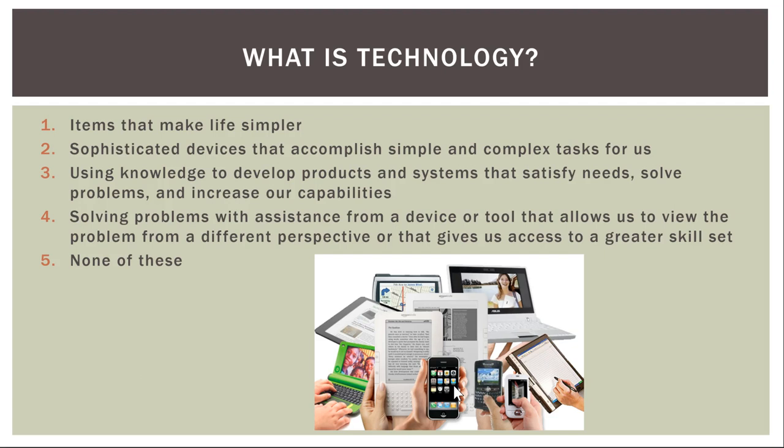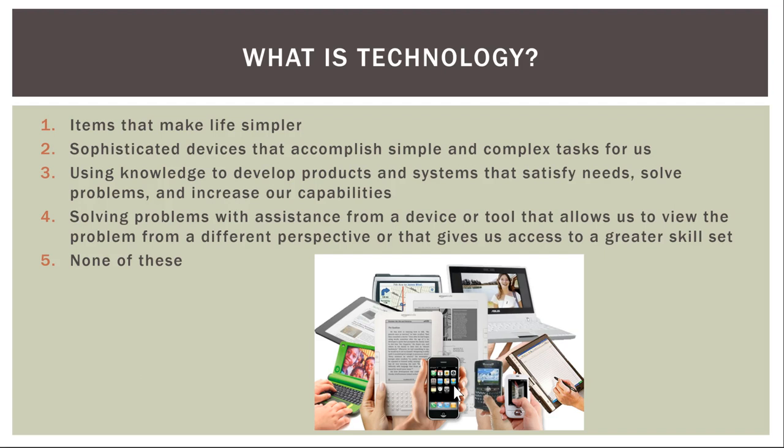Is it just making life simpler with stuff? Or is it designing sophisticated devices that can accomplish both simple and complex tasks for us? Using knowledge to develop products and systems that satisfy needs, solve problems, and increase our capabilities? Solving problems with the assistance from a device or tool that allows us to view the problem from a different perspective, or that gives us access to a greater skill set? Or none of these?